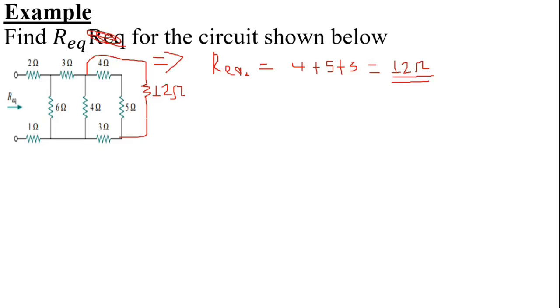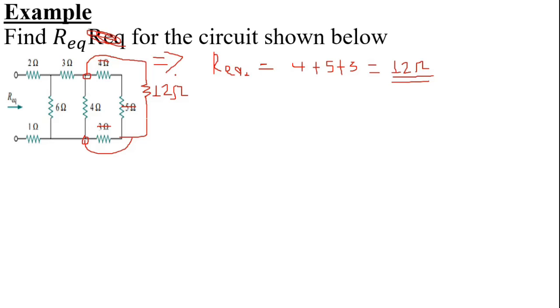Now as you see in this diagram, this 4 ohm and this 12 ohm are connected in parallel because they share 2 common nodes. That means this node and this node. Yes, we can cancel out these resistors.